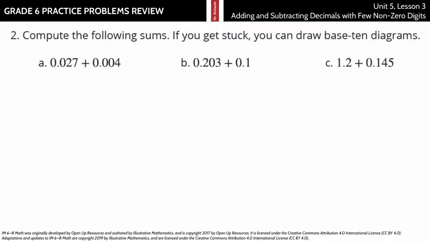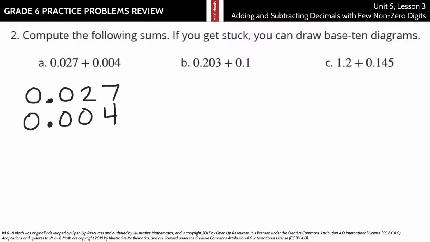Let's go ahead and neatly line these up here in A. 0, decimal point, 0, 2, 7, and then 0 with our decimal point, 0, 0, 4. So A neatly lines up for us here.